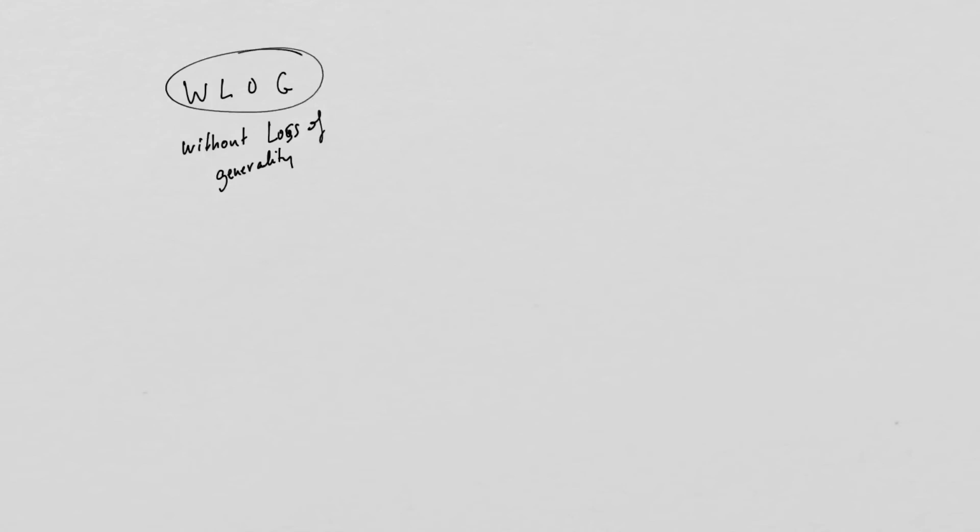So I'm going to emphasize the importance of what we call without loss of generality. I actually used it today at the start of the lecture. Mathematicians just write WLOG, and everybody knows what it means.